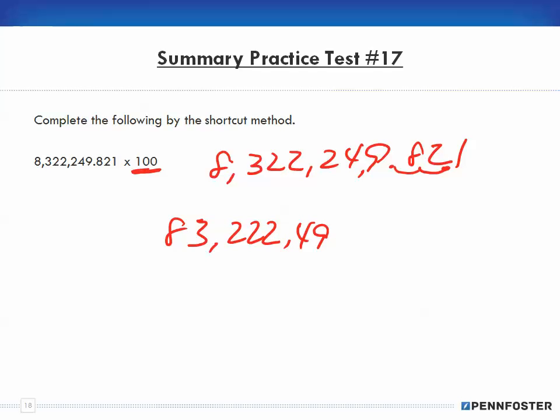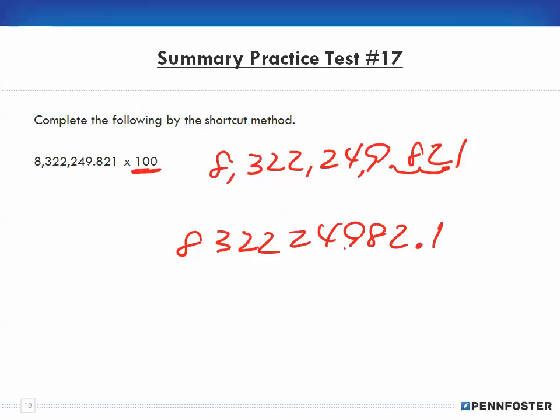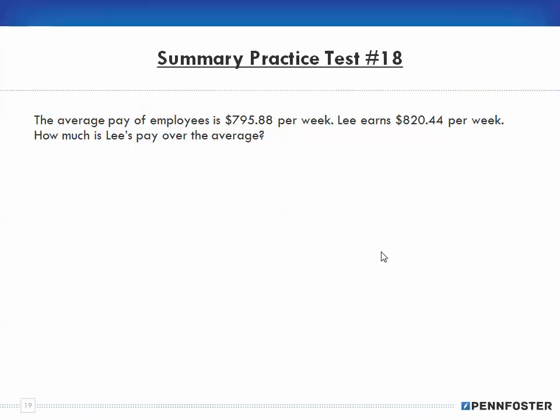Oh, nope, that's not right. I'm just trying to get my commas correct here. All right, so let me do it this way: 8, 3, 2, 2, 2, 4, 9, 8, 2.1. So there's my commas: 832,224,982.1.